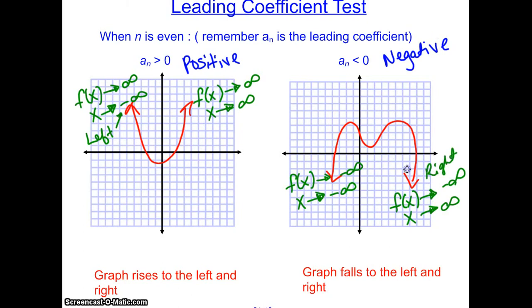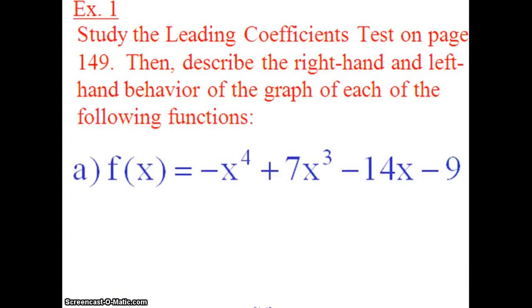And remember, these end behaviors will be true for all even degrees, depending on whether it has a positive leading coefficient or a negative leading coefficient. So now let's practice some.